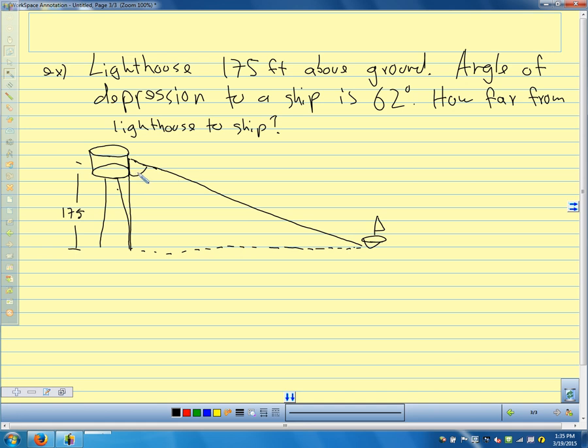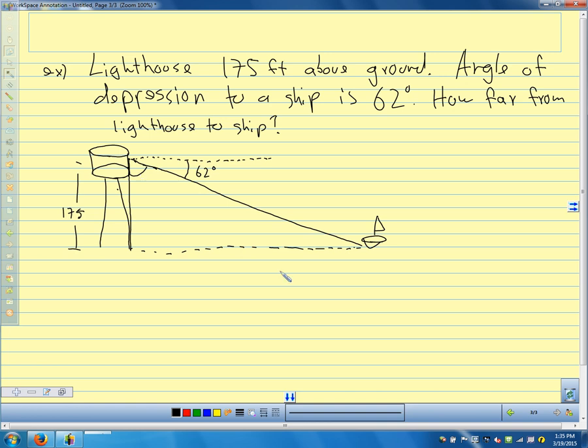The horizontal. Is this the angle down from the horizontal? No. We need to draw a horizontal line here. There's the horizontal line. This is the angle of depression. So the most common mistake people make with this kind of problem is trying to say that that's the angle of depression. The angle of depression goes down from the horizontal. So you always have to have a horizontal line to measure your angle of depression, angle of elevation.